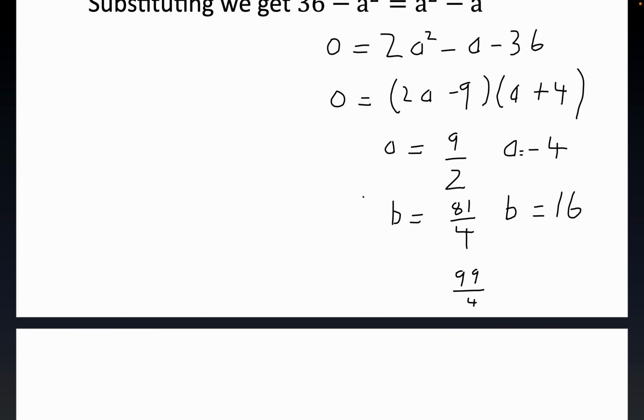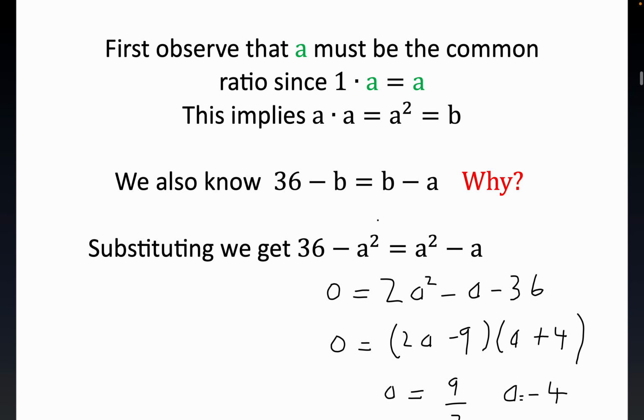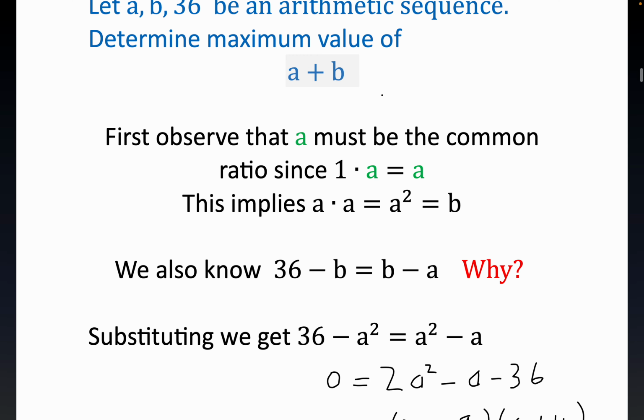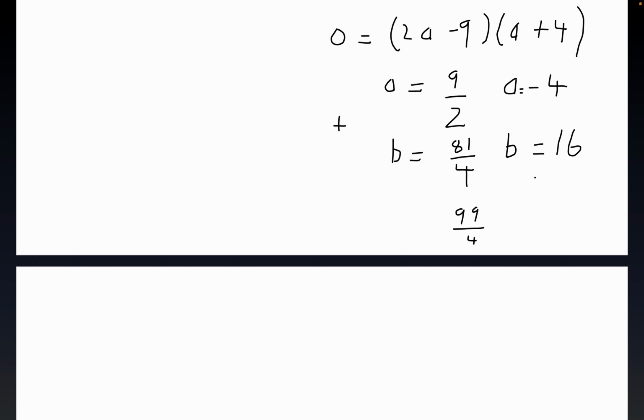Let me put a plus out here. Hopefully I'm not getting too screwed up on the notation. We're doing a plus b, and remember that we're trying to maximize a plus b. When you add these up over here, you just get 12.